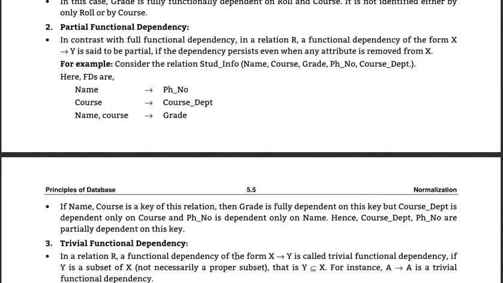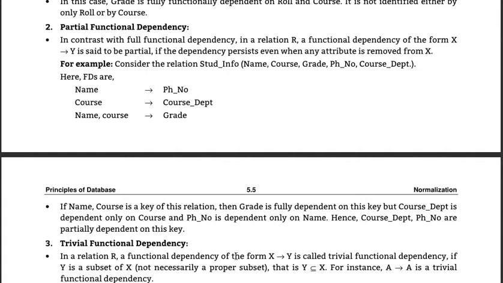Here you can see the example. Consider the relation student information. The attributes are name, course, grade, phone number, and course department. The functional dependencies are: name determines phone number, course determines course department, and name and course determine grade.